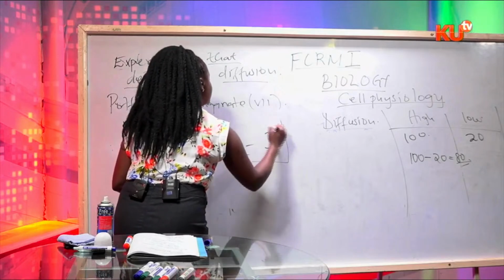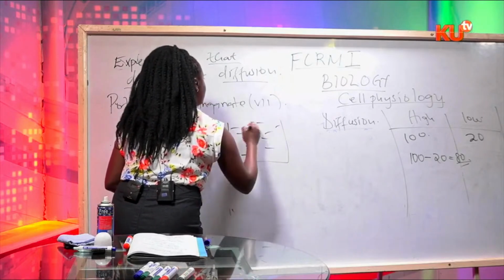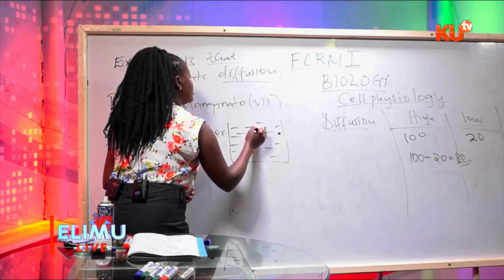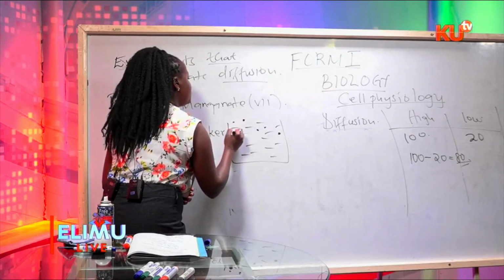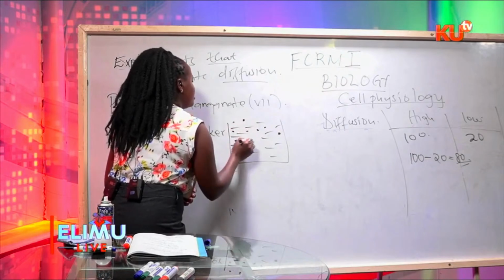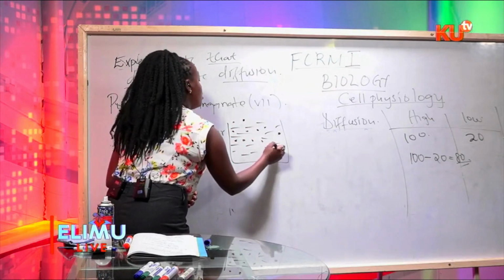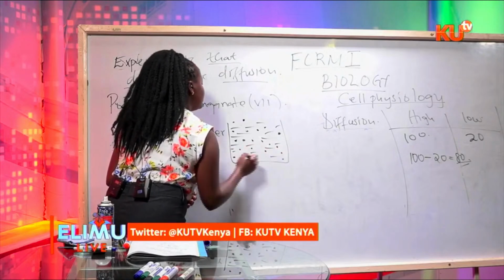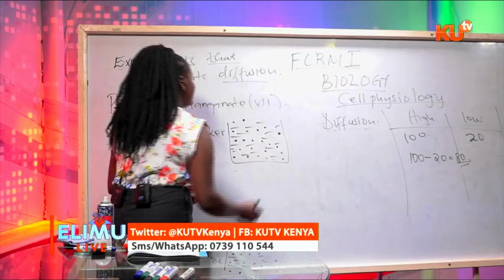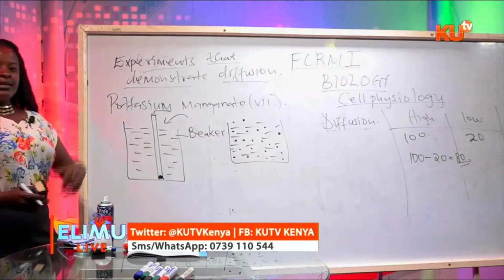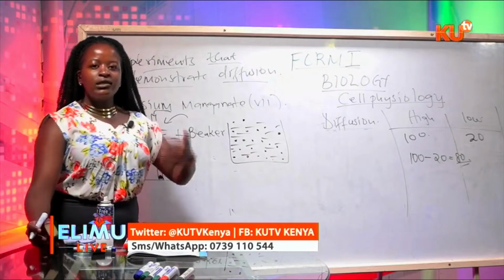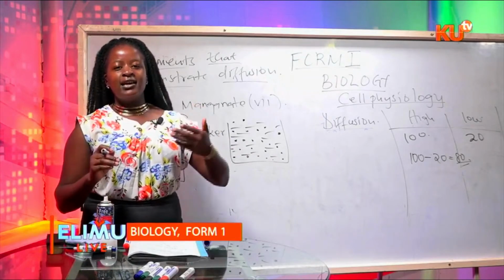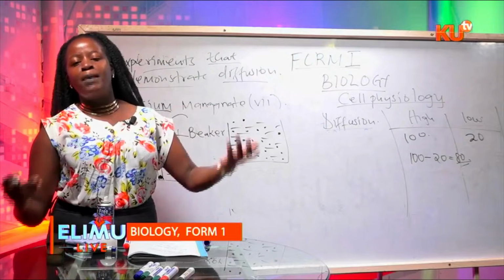So this is water. The circular dots I'm going to draw are the ones representing the particles of potassium manganate 7. They are going to spread evenly in the water. The observation, what is seen after this experiment, is that the water turned purple.